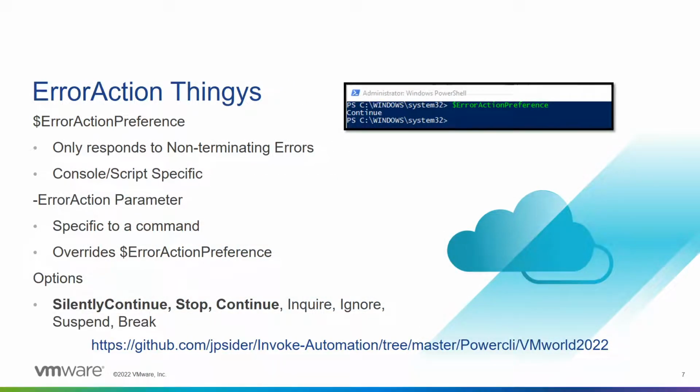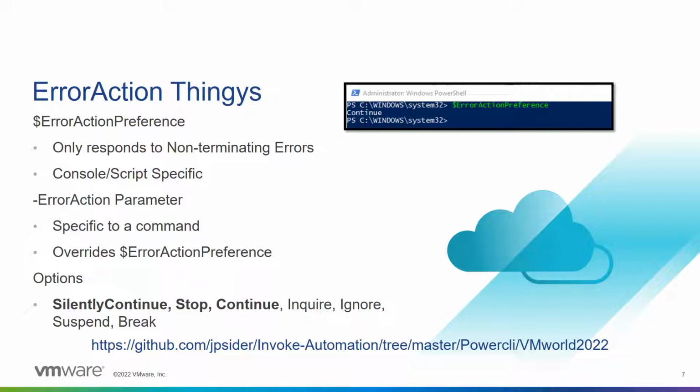ErrorAction, right? Some things you're going to need to know: when I have a non-terminating error, what is the default behavior? Here I can tell you, ErrorActionPreference is a non-global variable. It only responds to non-terminating errors, and it is console and script specific.